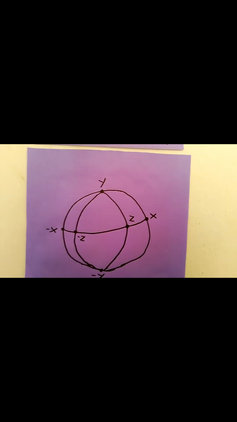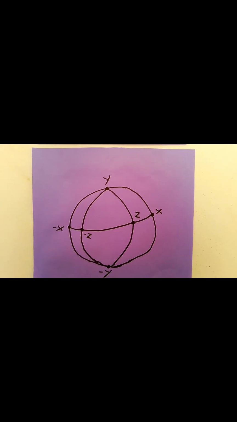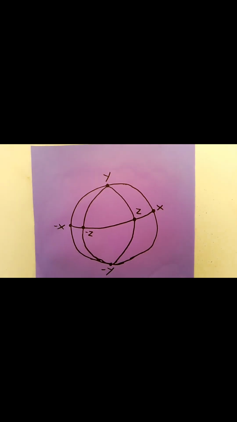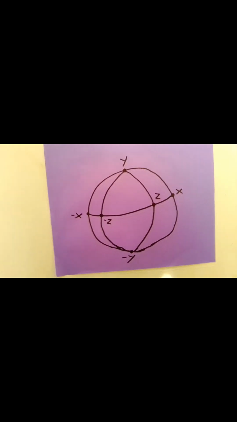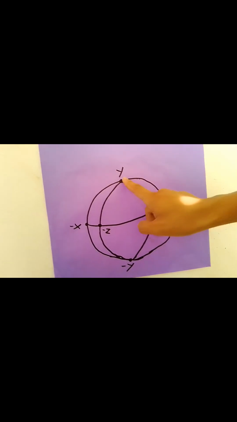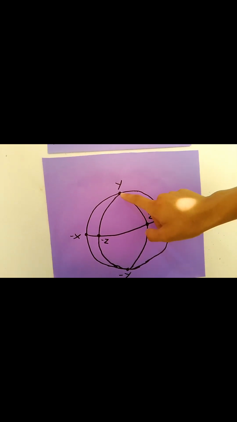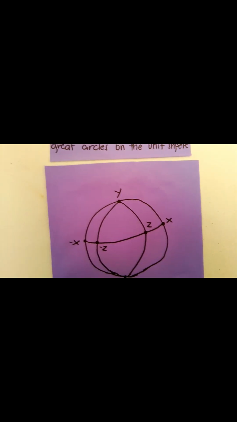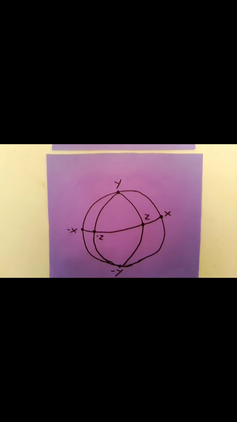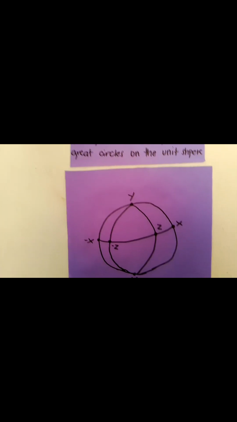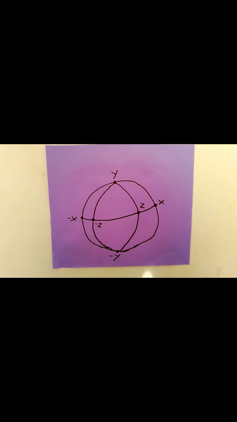Let's say that is a ball. A ball looks like a sphere, no? So the point lies on the line. That is an example of the real projective plane.